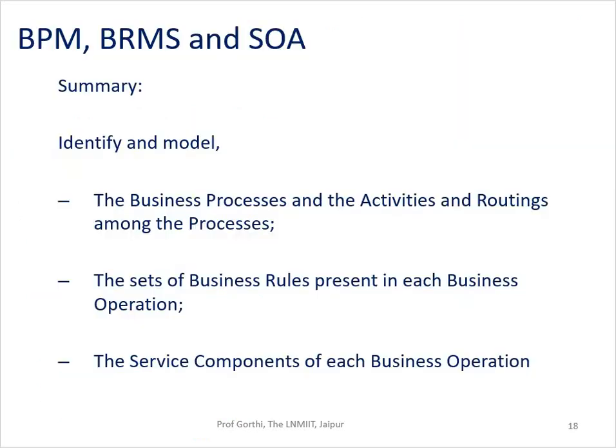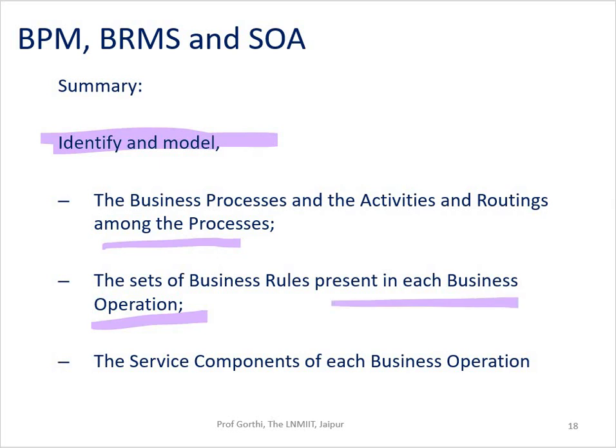Right, so let's quickly summarize what we have done. Identify and model, that's what our actual aim is. So the business process and the activities and routings among the processes is something which is to be identified. The set of business rules present in each business operation I have identified.